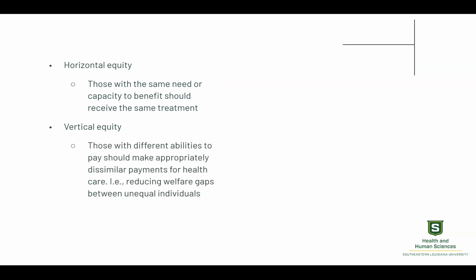With vertical equity, those with different abilities to pay should make appropriately dissimilar payments for healthcare services, in the sense that if you have the ability to pay, you should pay for the healthcare services in order to offset the services for those who are not able to pay, such that they are able to receive some form of welfare gaps that make it possible for them to pay.